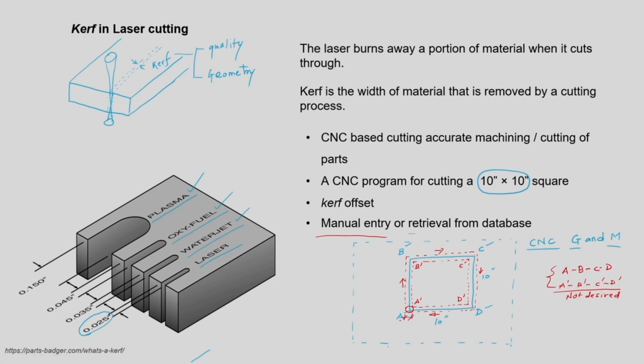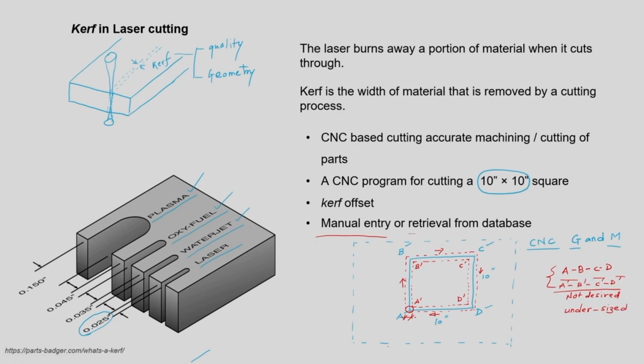This portion has not been considered during the programming. So, ultimately the final work part that we get, A dash, B dash, C dash, D dash, is undersize. It is not true size, the size is reduced.